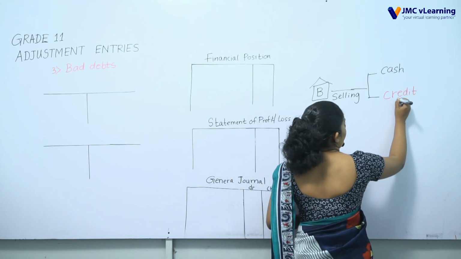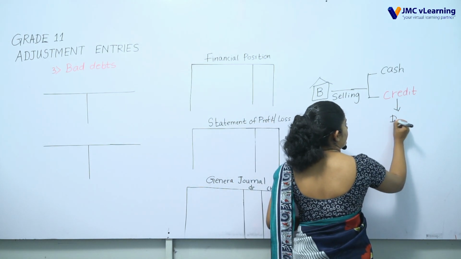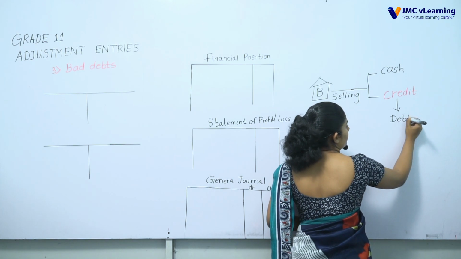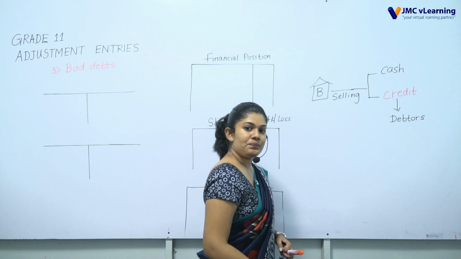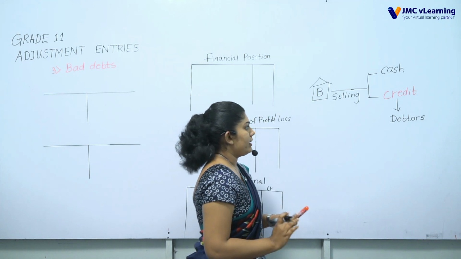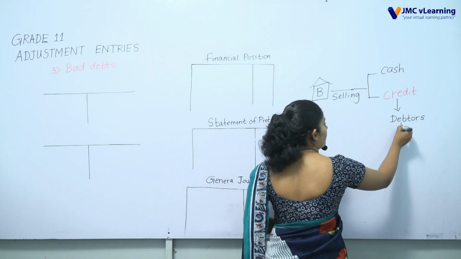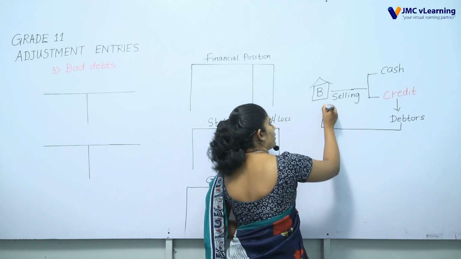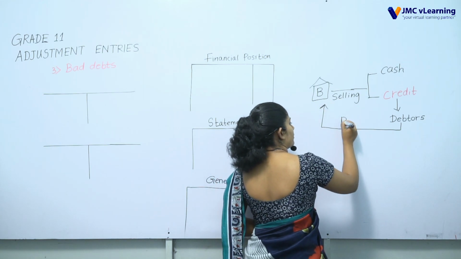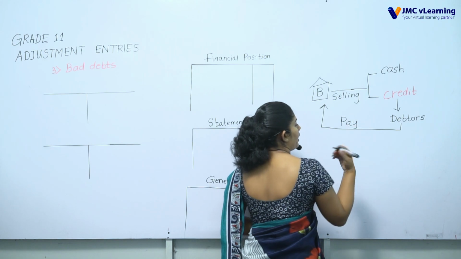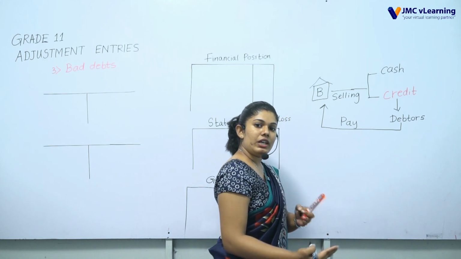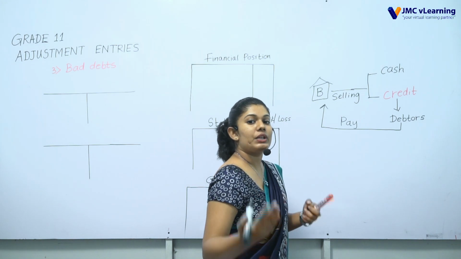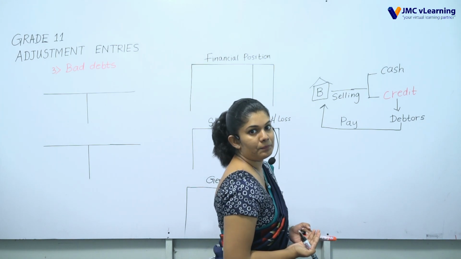What is it? Debtors. So, debtors have agreed to pay us back after their credit period is over. Credit period is the period we have allowed them to pay, like 3 months, 6 months, like that.